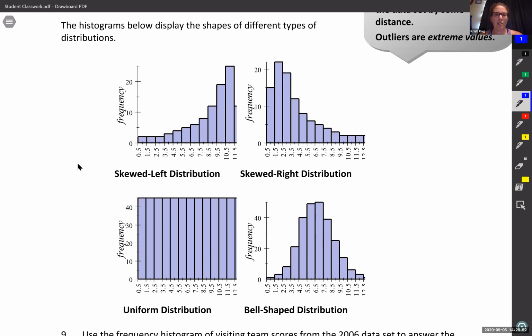I wanted a computer graphic more than me writing down the pictures because my drawing isn't the best. Skewed to the left goes up as you read this from left to right, and skewed to the right goes down as you read from left to right. To me, that was always confusing. Is left little on the left, or is left big on the left?